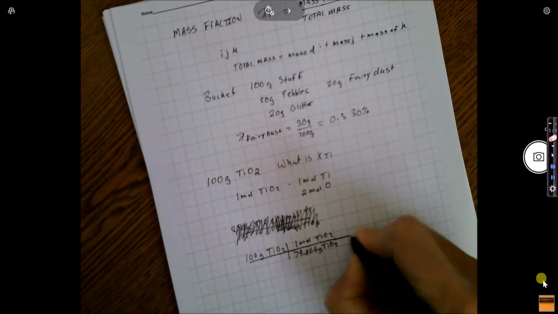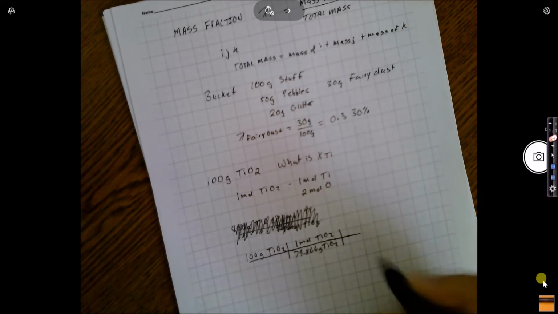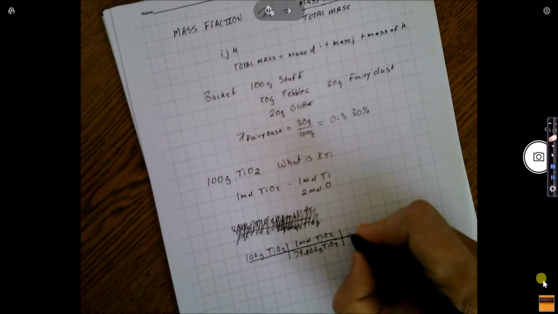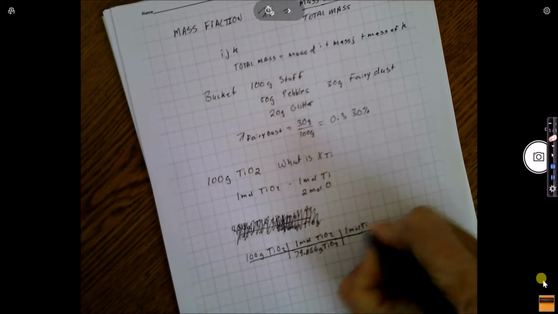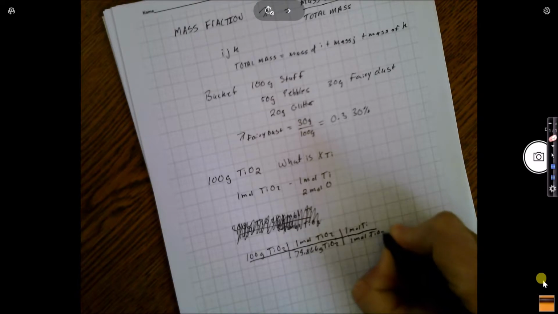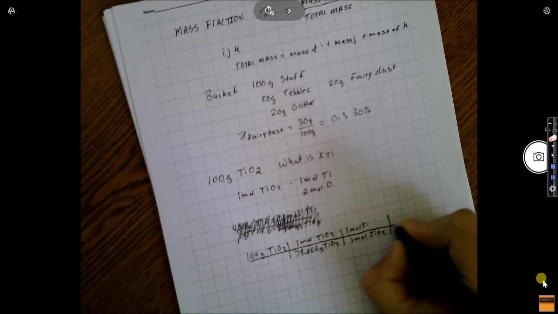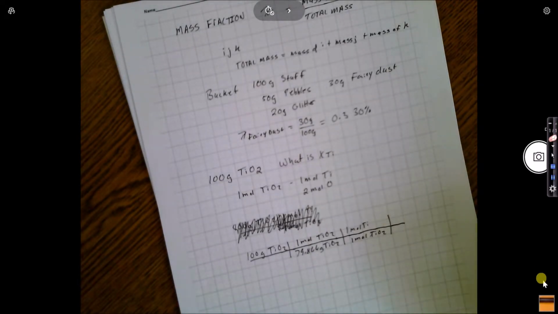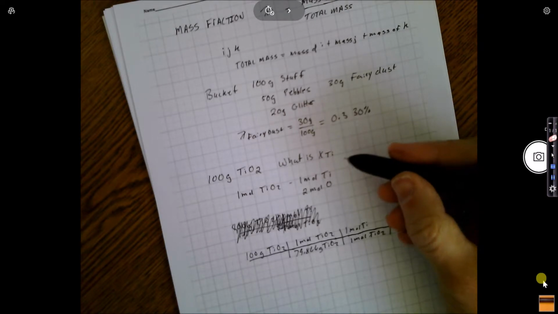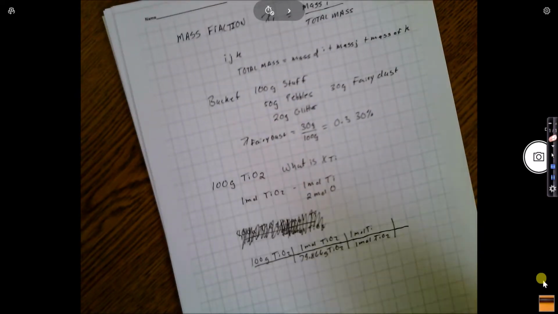And we said earlier that there is 1 mole of titanium in 1 mole of TiO2. The final thing we want, because we're trying to figure out the mass fraction of titanium, is the mass of titanium in 100 grams of TiO2.